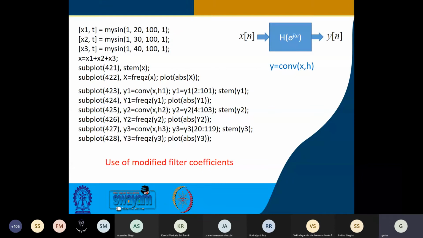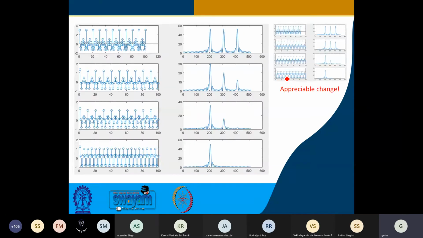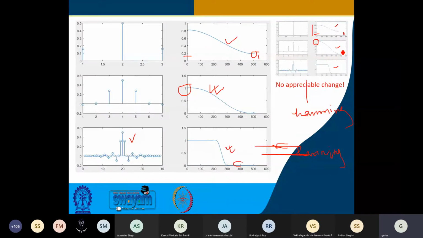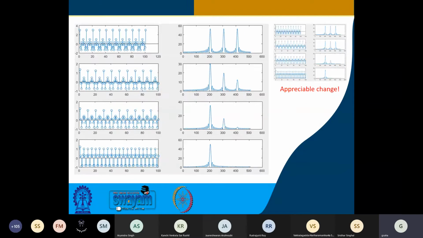So we again pass the same composite signal through this low pass filter, this modified Hanning windowed one. And as your friend has correctly pointed out, you can see appreciable change, because these weights are now playing a factor here. Earlier there was no appreciable change, because you were not able to see these weight values in a hurry.